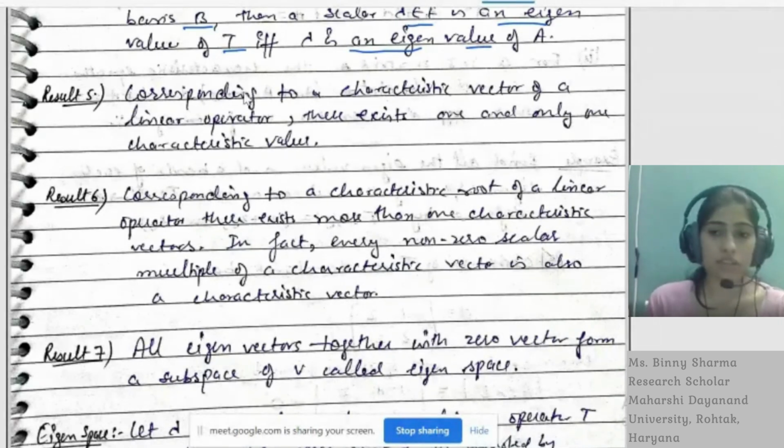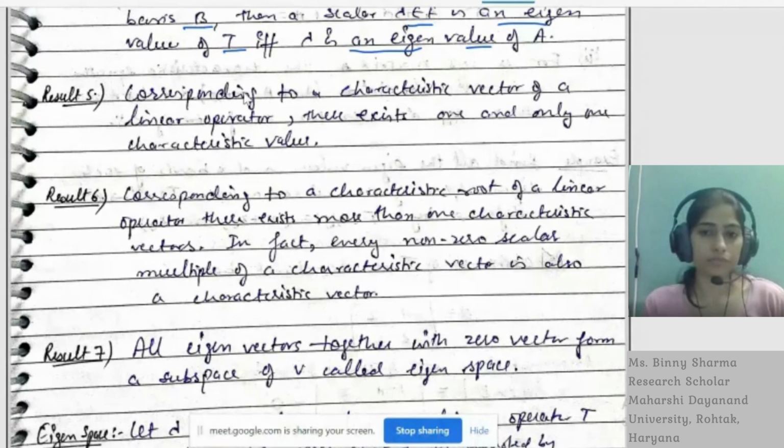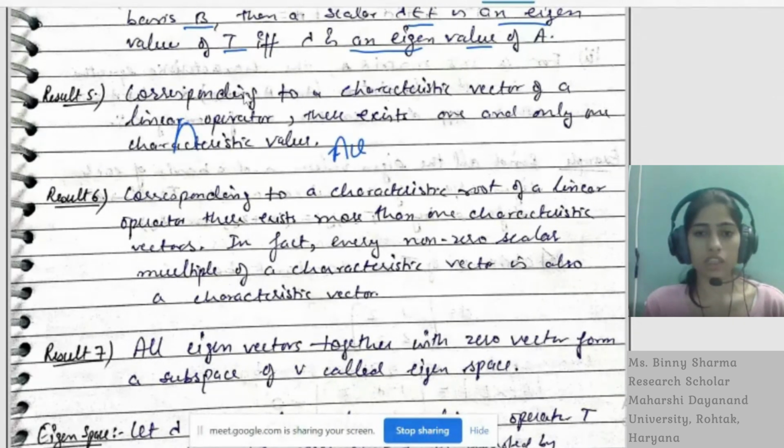It means A v equals lambda v. There may be more than one vector v1, v2, but there is only one eigenvalue.